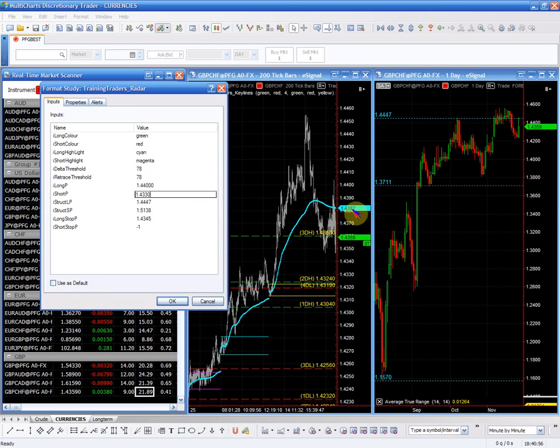And if I do, I'm going to place my stop above the 143.82, above the market side.